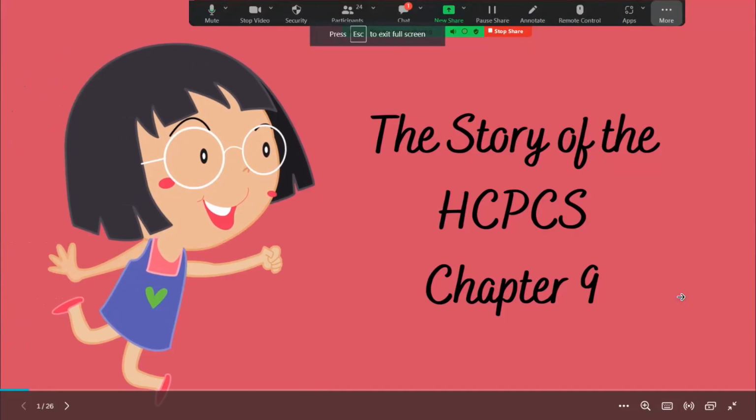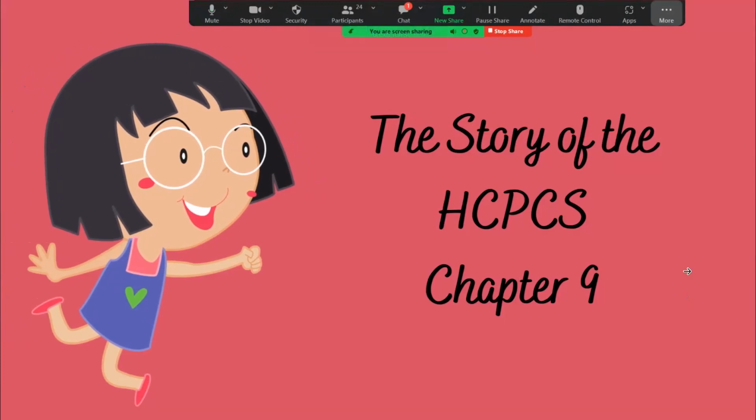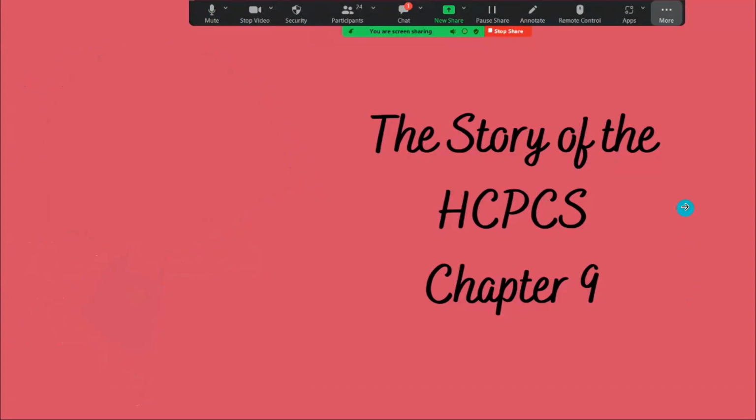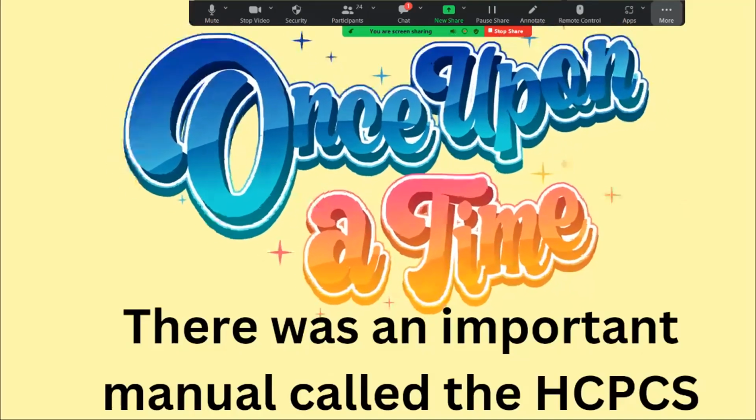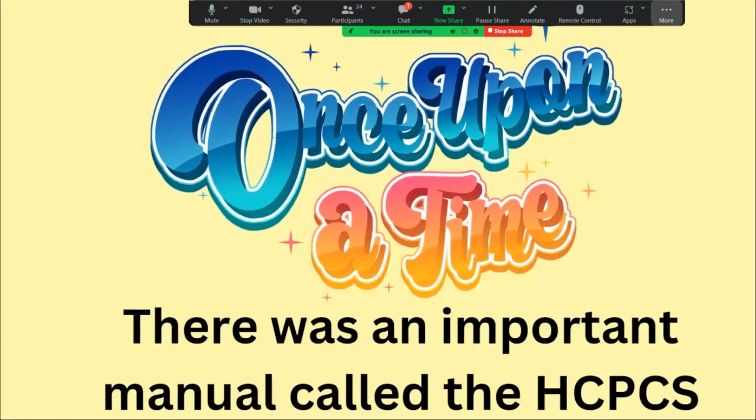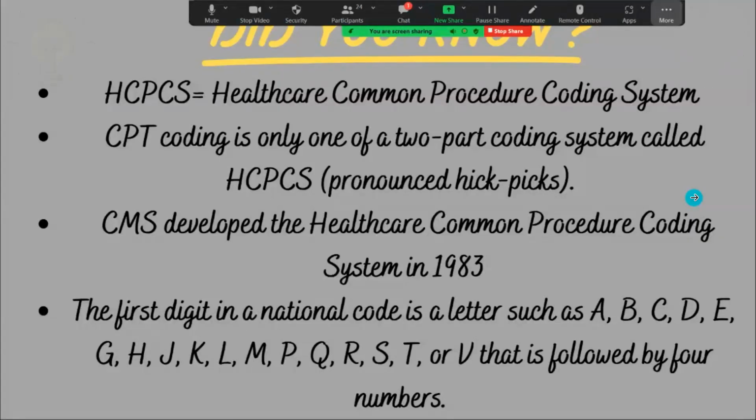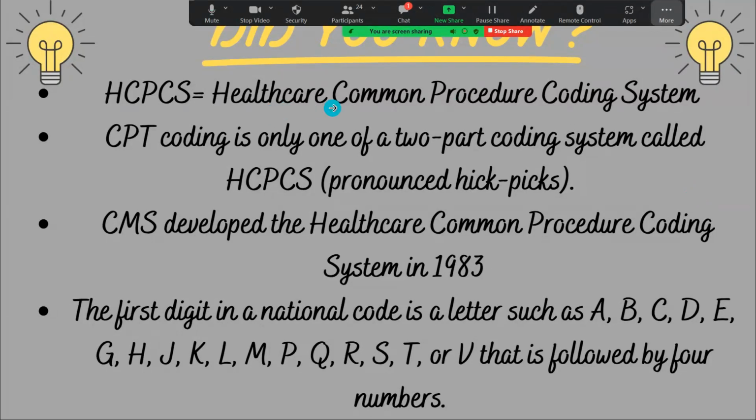Okay, today is the story of the HCPCS, chapter 9. Once upon a time, there was an important manual called the HCPCS. Let's talk about some important info. Did you know HCPCS stands for Healthcare Common Procedure Coding System? CPT coding is only one of the two-part coding system called HCPCS, pronounced "hick-picks."